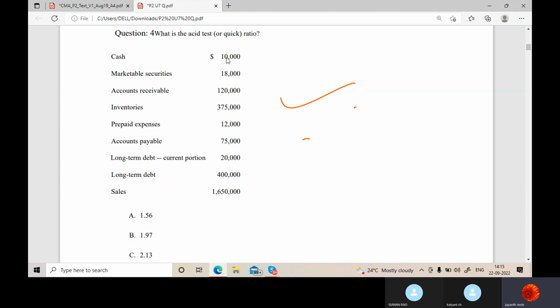So you can take cash, marketable securities, account receivable. You should ignore this. Okay, these are your quick assets. These are part of quick assets, correct?